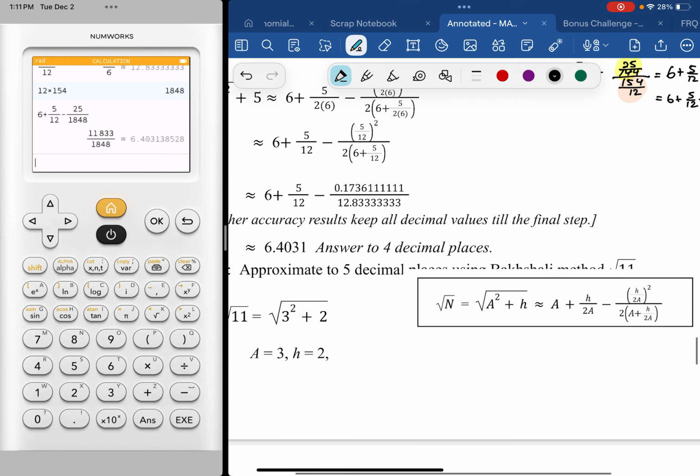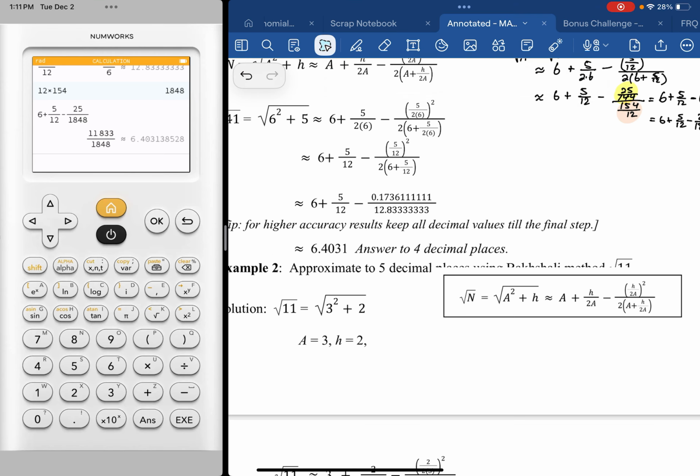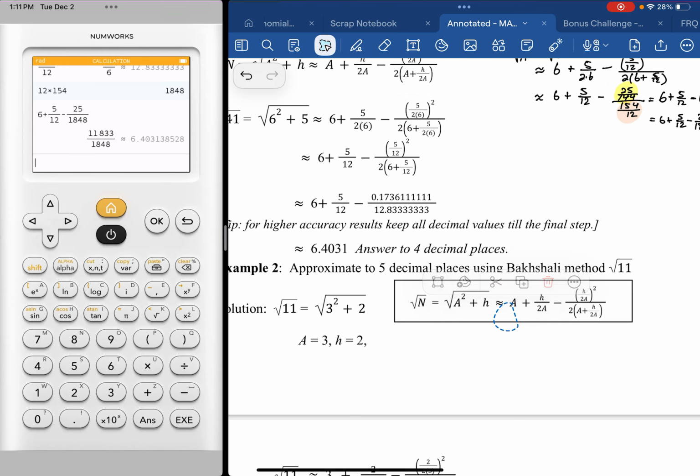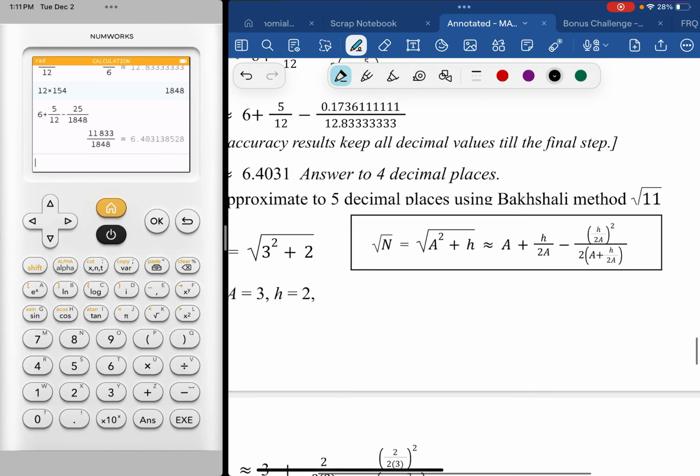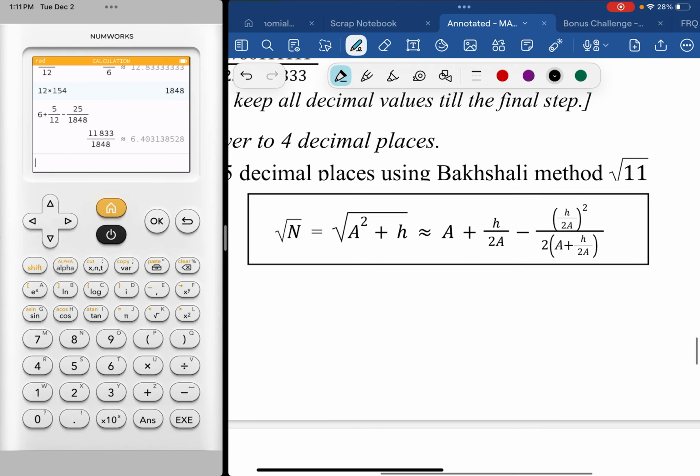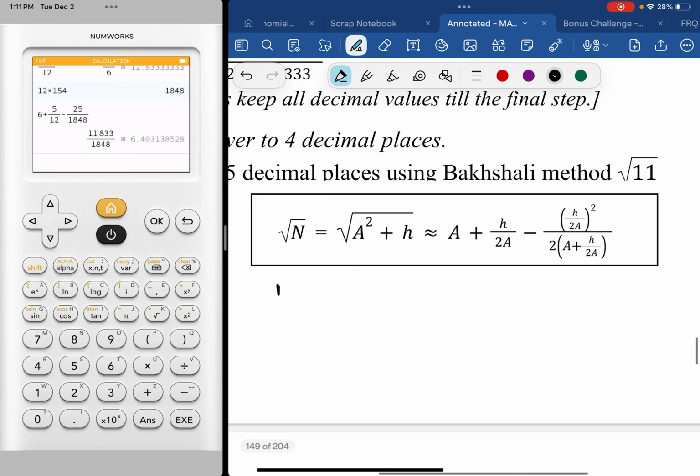So in this case, I went a little too far, 5 decimal places now. So radical 11. We're looking for the perfect square value that's just less than 11, which would be 9. So the largest perfect square value that's below 11.